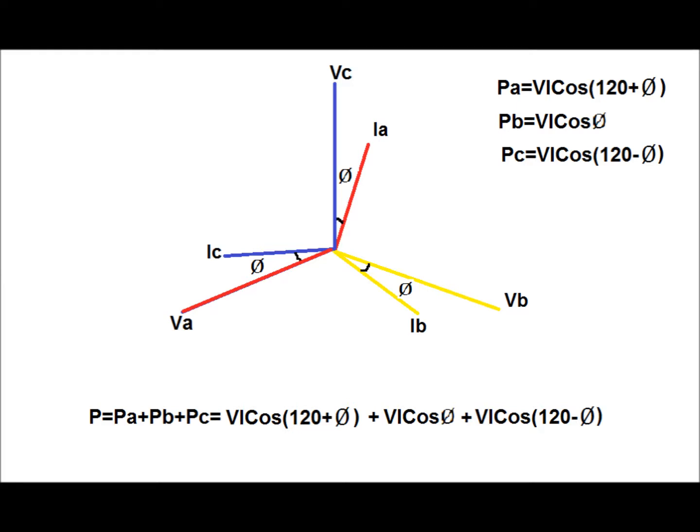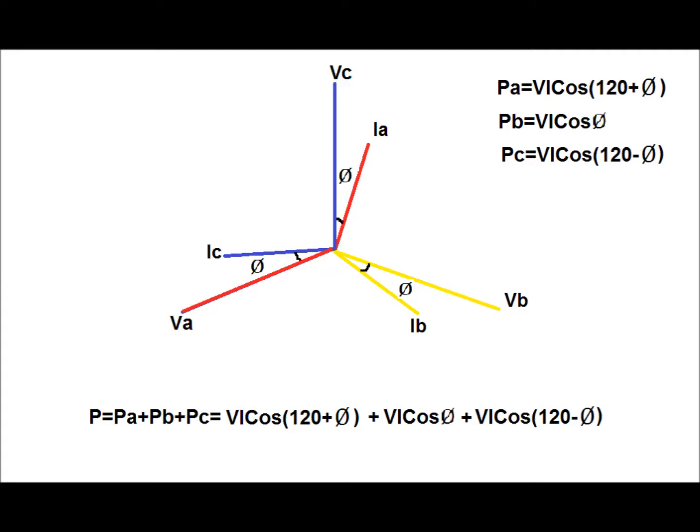Now the angle is phi for the red phase power factor angle, and now it is the blue phase voltage for the red phase measuring circuit, and that blue phase voltage is V at an angle of 120 or V at an angle of minus 240 degrees.